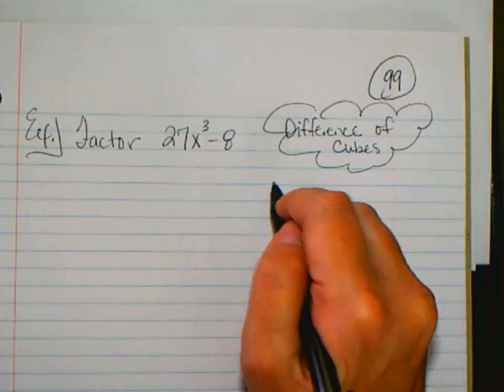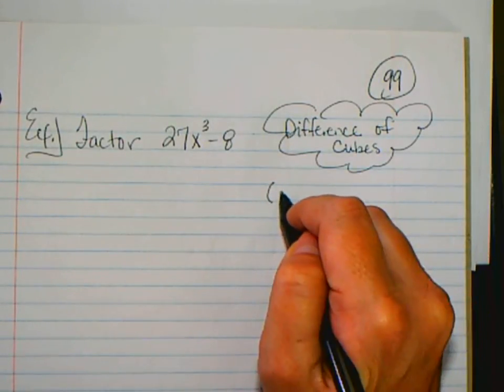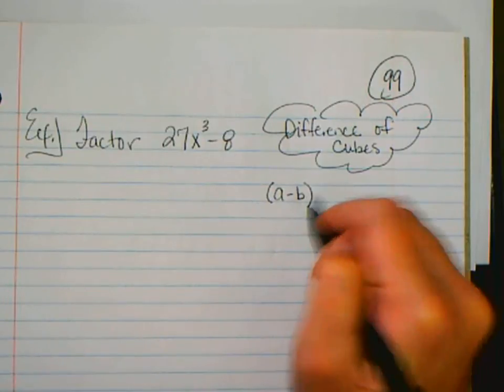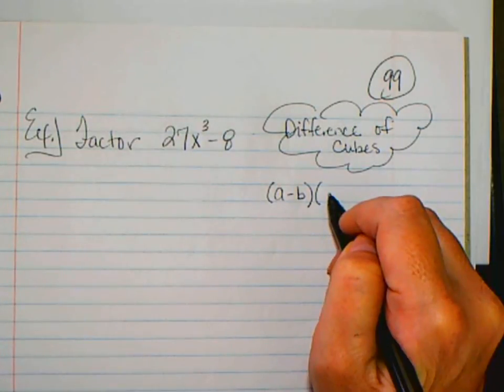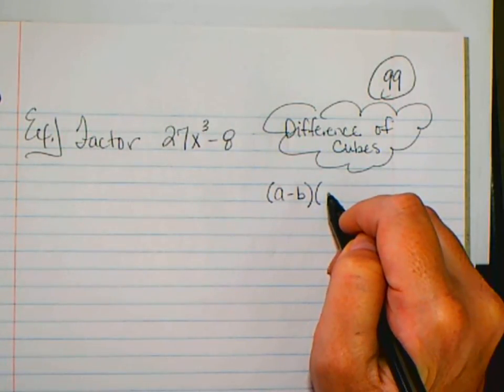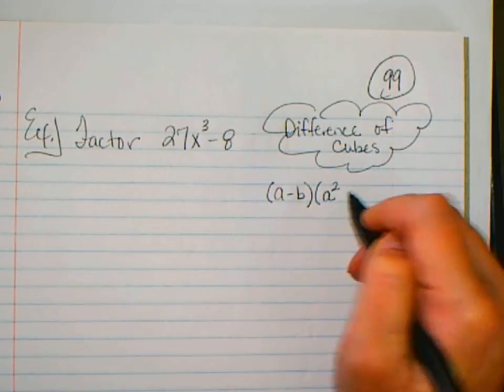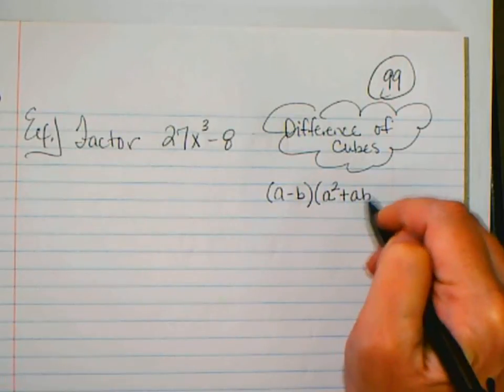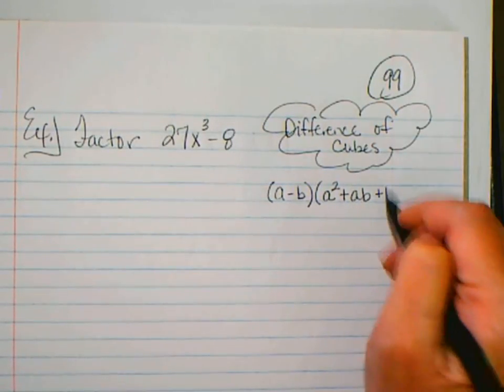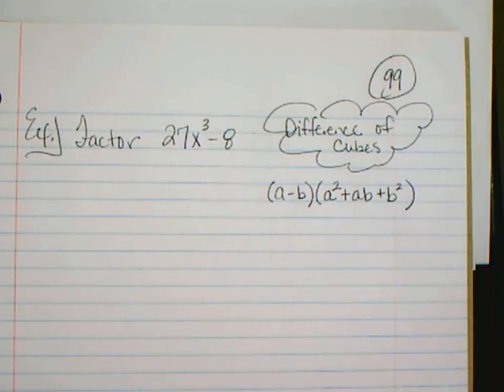So my first set of parentheses, what do I put? A minus B. Second set, A squared, and then plus AB plus B squared. Good. Going to figure out all my parts.